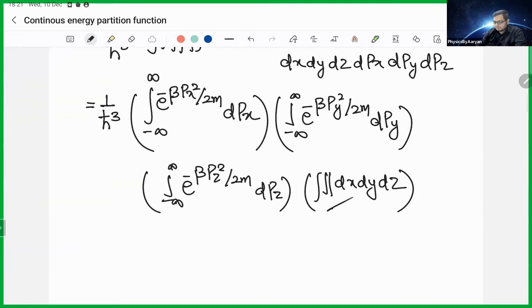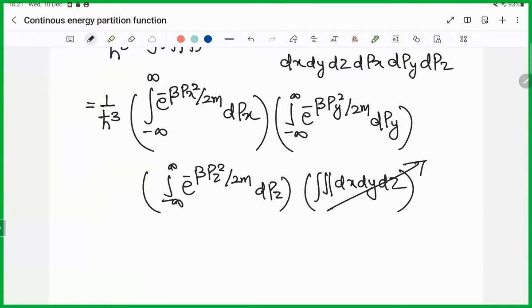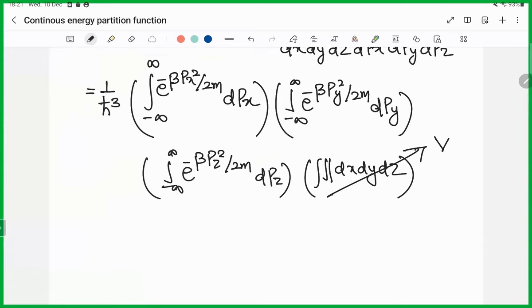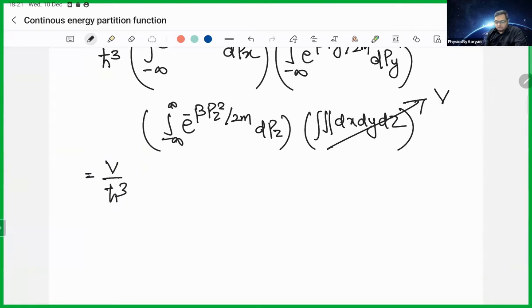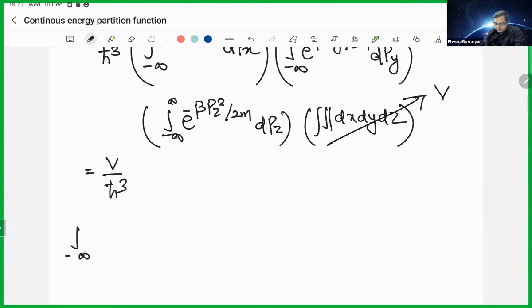Can anyone tell me what this is? Directly, what is this? Volume. So this is volume. Okay, very nice. So the volume I multiply here, h bar cube. What is this? Can you relate it with the important integral I gave you? Minus infinity to infinity e to the power minus alpha x square into dx, and the answer to that was root of pi by alpha.